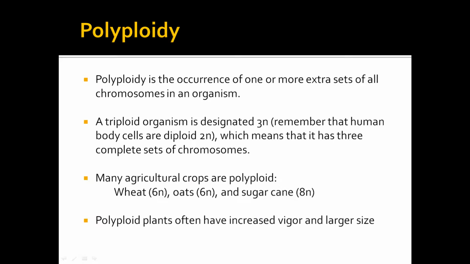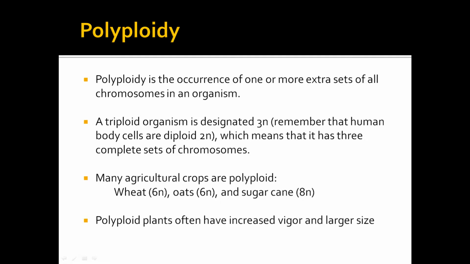The next term that we're going to explain is polyploidy. You already met the terms diploid and haploid number of chromosomes. Diploid refers to the 2n number of chromosomes, or 2 sets, and n, or haploid, refers to 1 set of chromosomes. Polyploidy means that there are extra sets of all chromosomes in an organism.